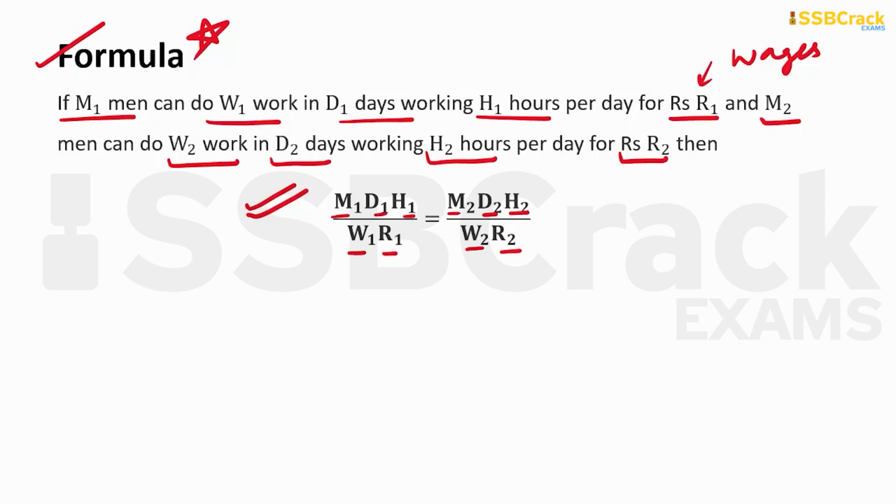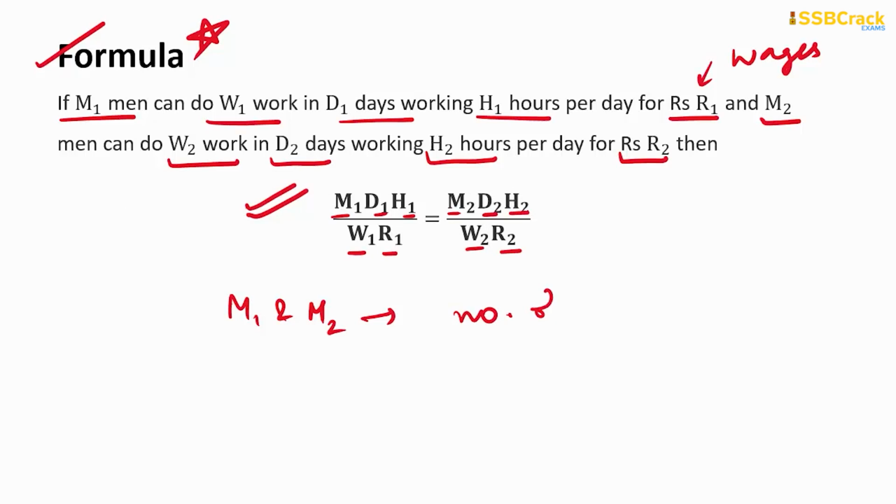So here M1 M2 is the number of men or the number of persons working, right? Then D1 D2 is the number of days required by them to complete the work. Similarly, H1 and H2 is the number of hours they are working per day, right?